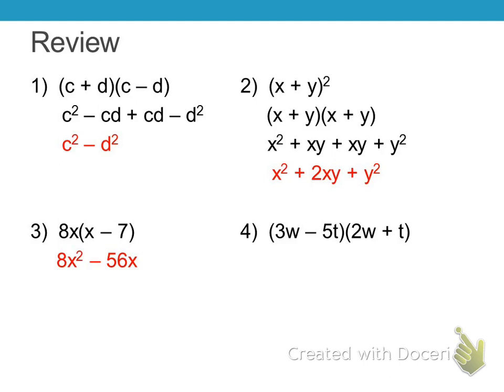So plus 3wt minus 10wt minus 5t squared. And then what's 3wt minus 10wt? Negative 7wt. Very good. So I end up here.